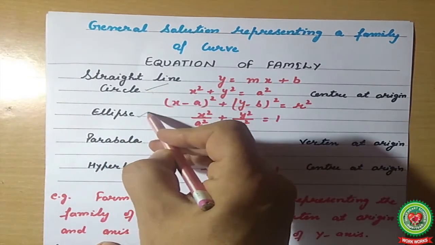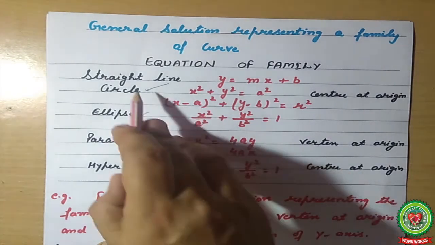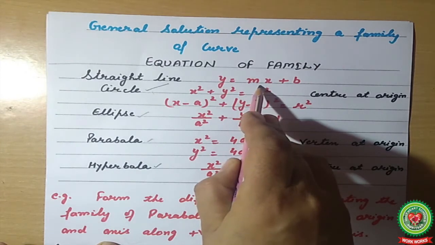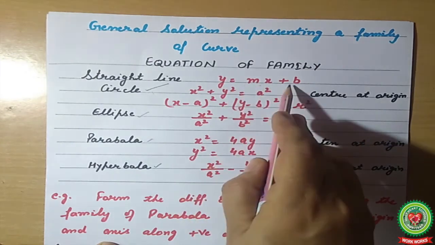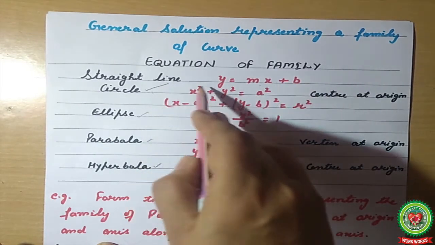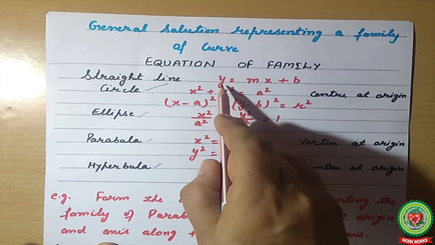Circle, ellipse, parabola and hyperbola are all part of the curves. Straight line equation we have done in 10th and in +1 also. One part of the family is straight line; the rest are curve equations. We have already done these curve equations in our previous classes.